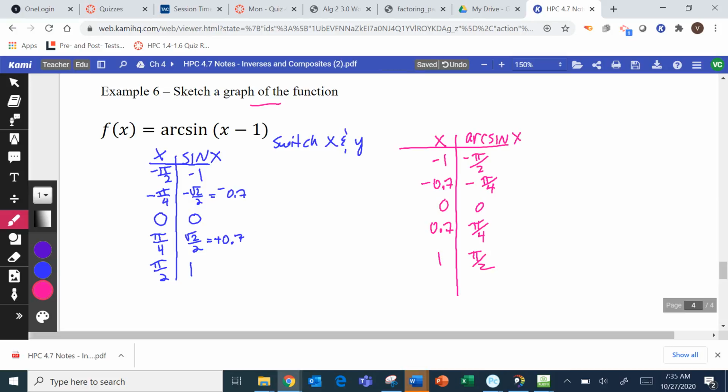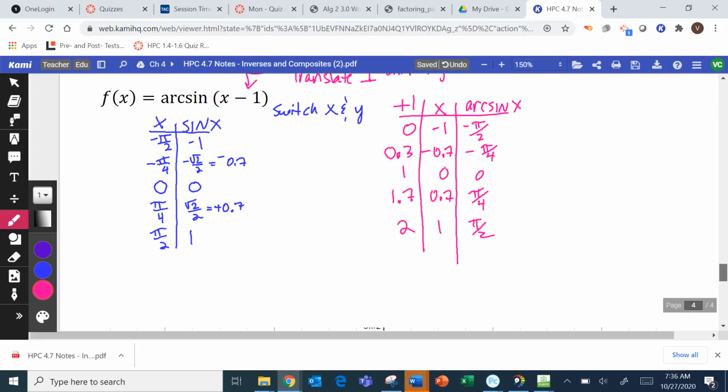But here we have a transformation that says translate one unit to the right. So on my x side, I will add 1. And then I'm just going to take those new values and graph them.